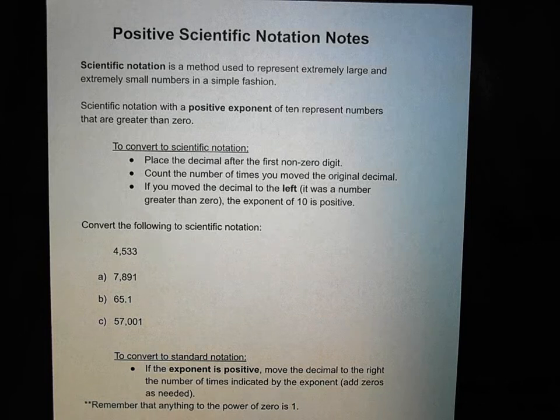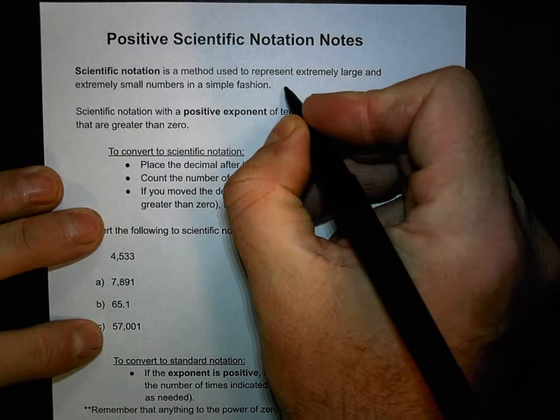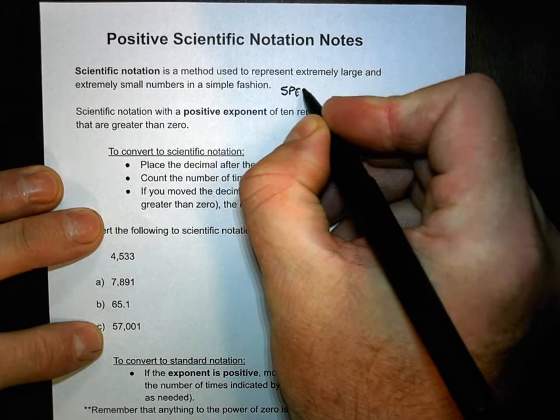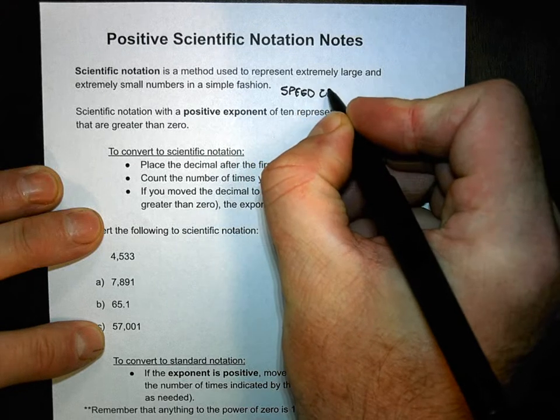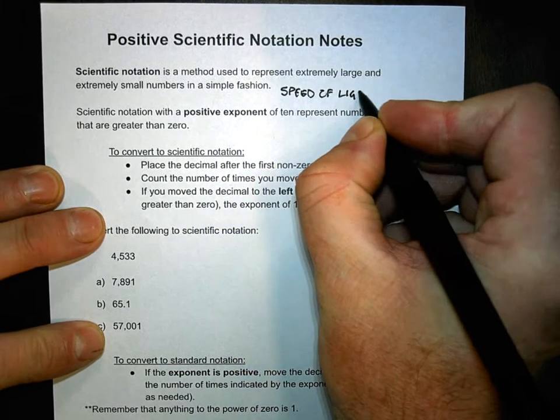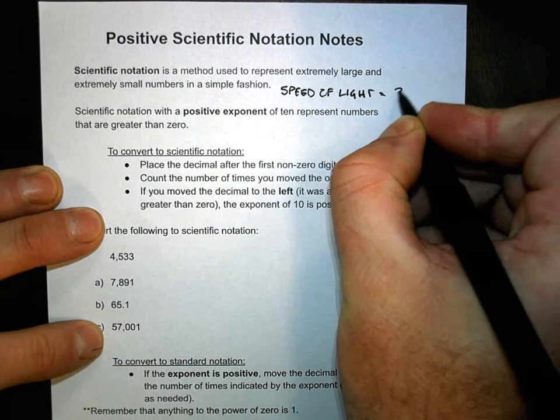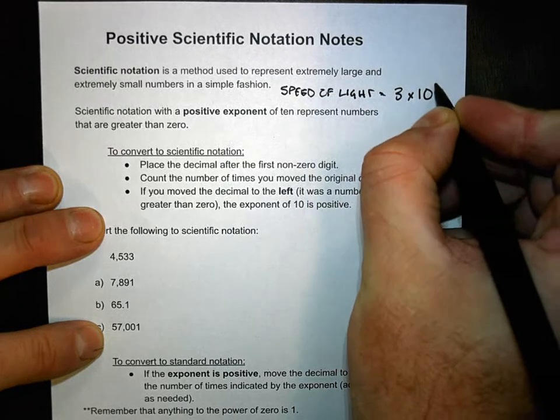So it's a method used to represent extremely large and extremely small numbers in a simple fashion. I told you, I can take the speed of light, 300 million meters per second, and I convert it to something like 3 times 10 to the 8th. The speed of light equals 3 times 10 to the 8th.